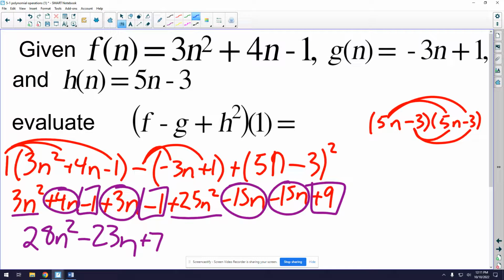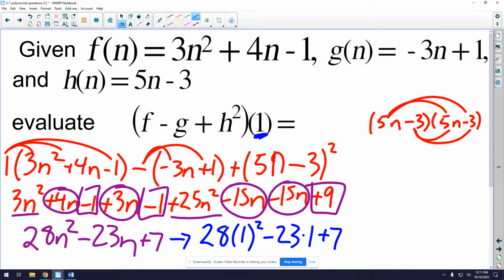Then we want to find all of that plugging in a 1. So that's 28 times 1 squared minus 23 times 1 plus 7. You can just type that whole thing in your calculator just as I have it written there. Super important here, put this 1 in parentheses with the squared on the outside like I have it. Typing that in your calculator, you get 12.